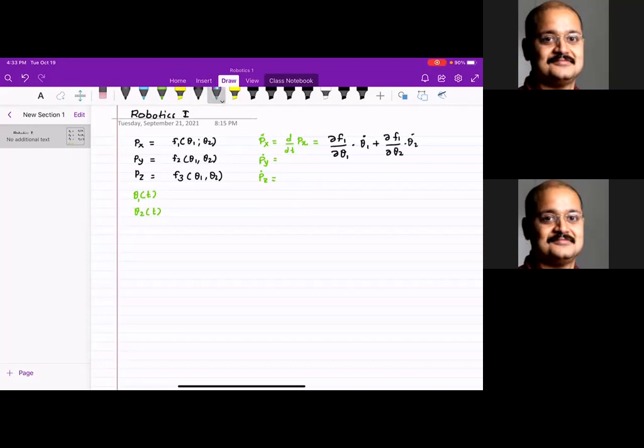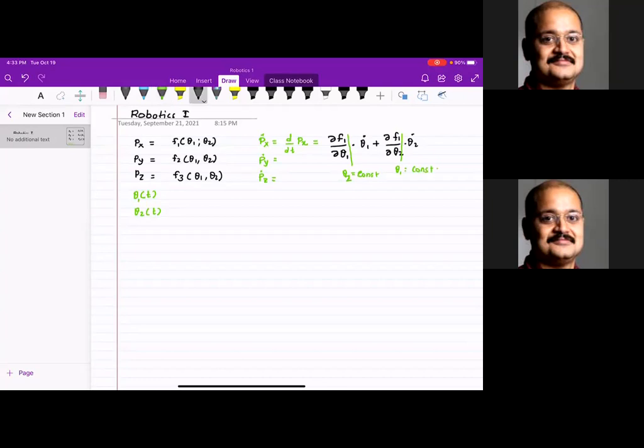And when you are doing partials, please note at this point theta 2 is treated as constant, and at this point theta 1 is treated as constant. That's why it's a partial derivative.